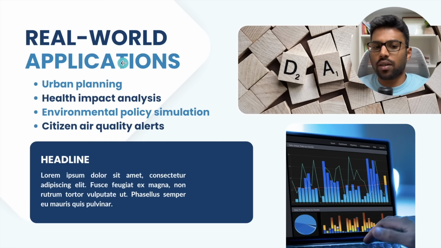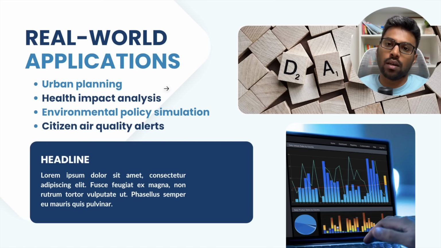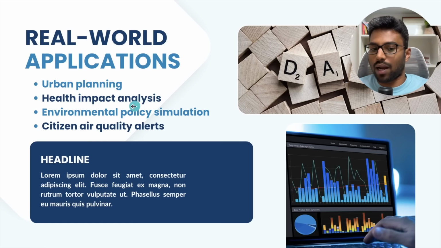So those are different real world applications that you can leverage this end-to-end air quality real-time analytics solution we built for: urban planning, health impact analysis, environmental policy simulation, to name a few, and citizen air quality alerts.